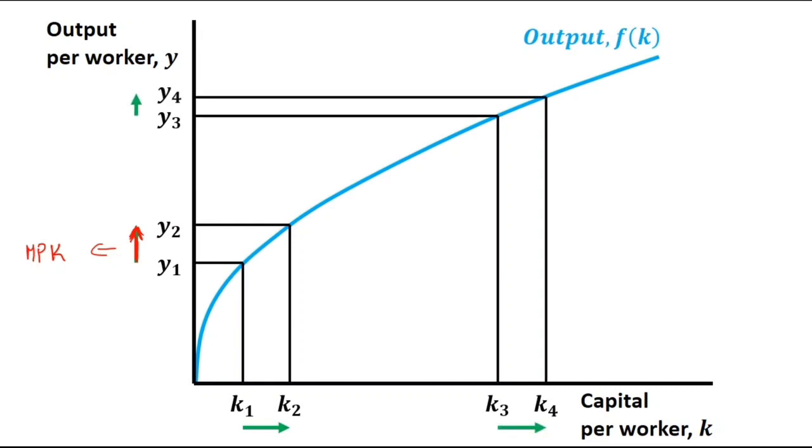In this case you can see that the marginal product of capital, the increase in output per worker due to an increase in capital, is small as compared to the previous case. As capital per worker increases from K1 to K3, the marginal product of capital diminishes.